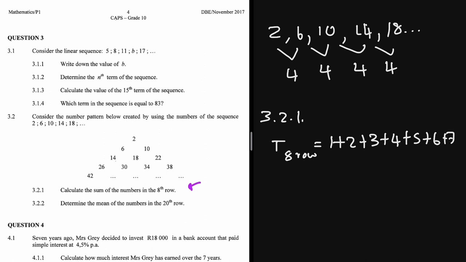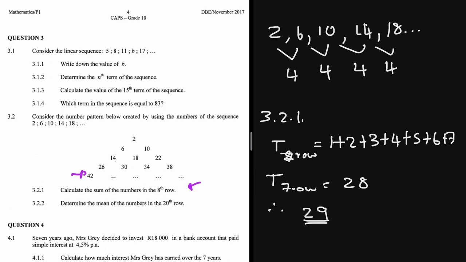Remember now, we don't add the row that we are at. So now, up until the 7th row, we have how many terms? So this is going to be 1 plus 2 plus 3 plus 4 plus 5 plus 6 plus 7, which is 28 terms. So therefore, the 8th row is going to have the first term as term number 29.